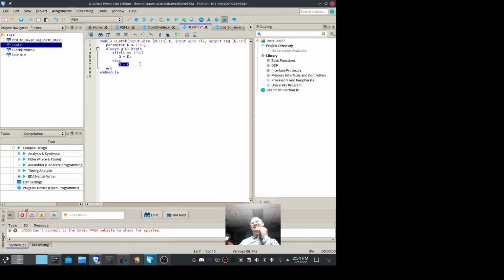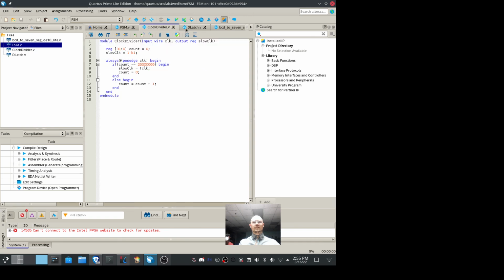It's the best I can tell you. It's one of those things where it's like, avoid it unless you know that you need it, and the only place I can really think of that you definitely need it is when you're defining a latch. There's your D latch.